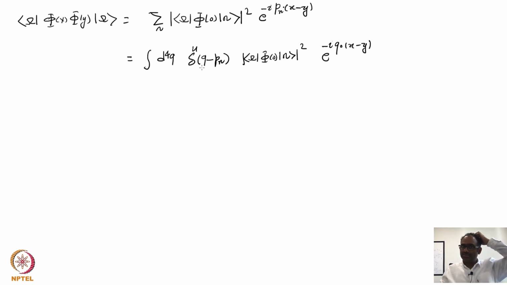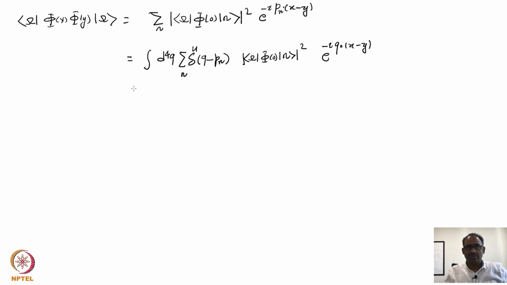Now, let us look at this. When you do the integral over this expression, the delta function will force q to become p_n, and then you recover what you have on the above line, provided I put a summation over n. Okay, that is good.